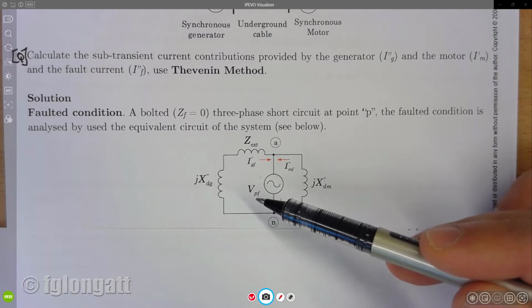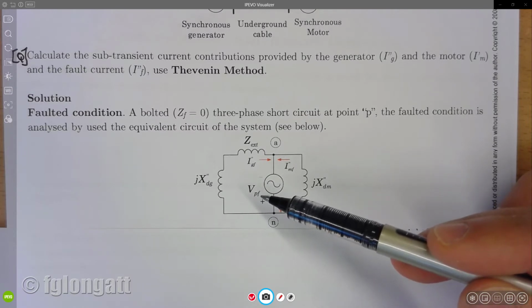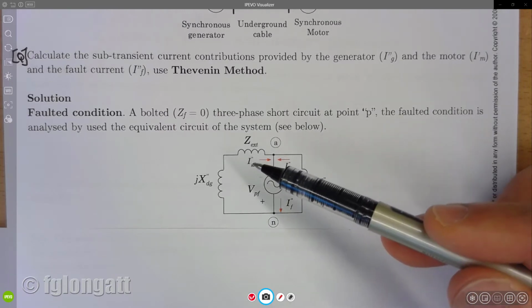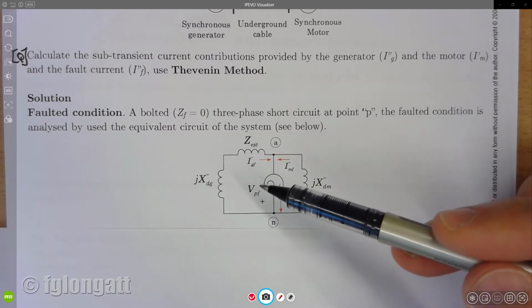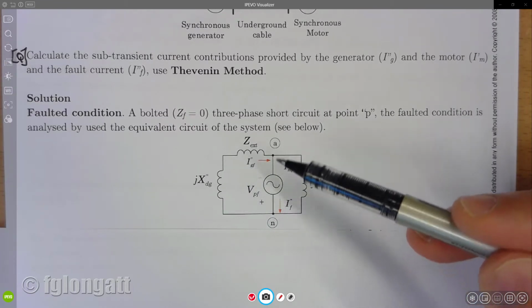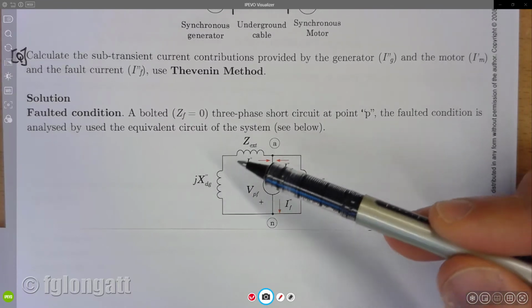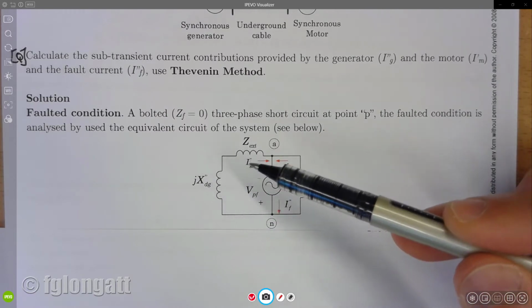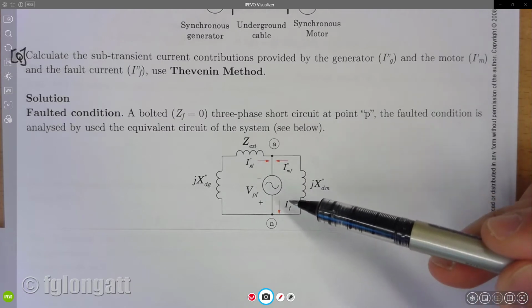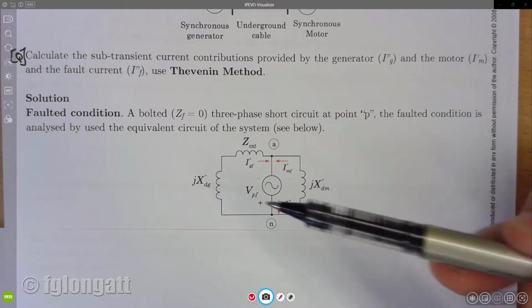And this is the voltage previous to the fault at the fault point, okay? As you can see, again, we have a single voltage source, and that is creating the fault current. But in those branches, you can see this is the motor contribution coming in this area, and this is the generator contribution.